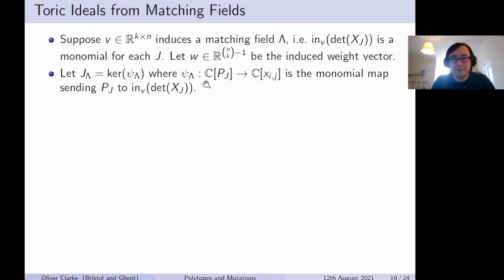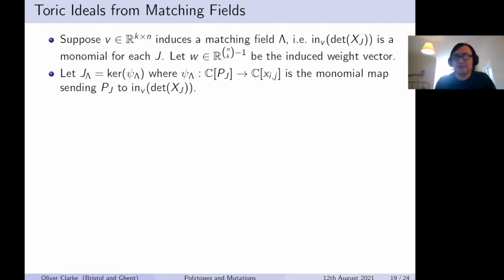This monomial map is going to send each P_j to the initial term of the determinant. And from the definition of matching field, we required that each of these initial terms was a monomial. So this is a monomial map.